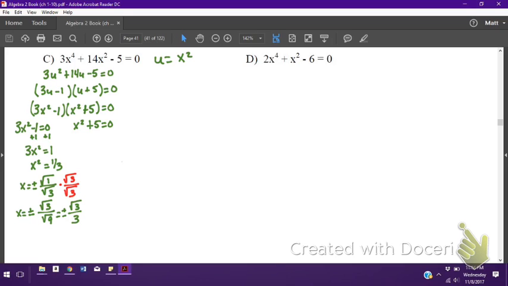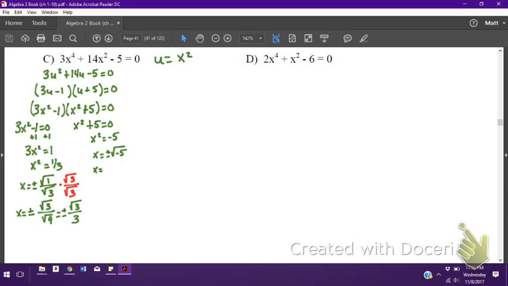Alright, now on the other side, we're going to do the same thing. x squared is equal to negative 5. And the other solution would be, oh my goodness, x is equal to plus or minus square root of negative 5. Well, wait a minute, I can't have a negative square root, right? And if you remember from chapter 2, the square root of negative 1 is i.